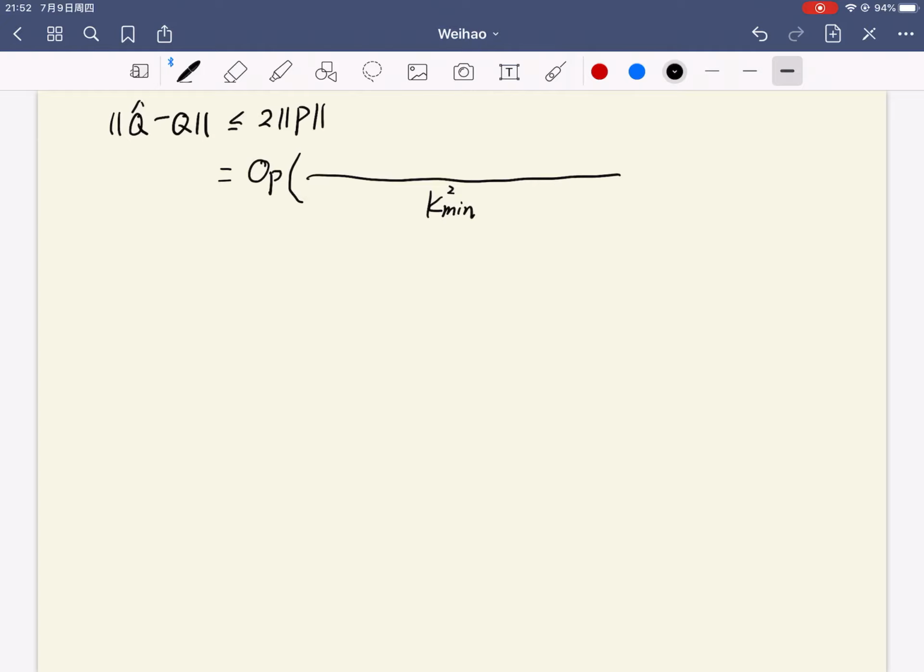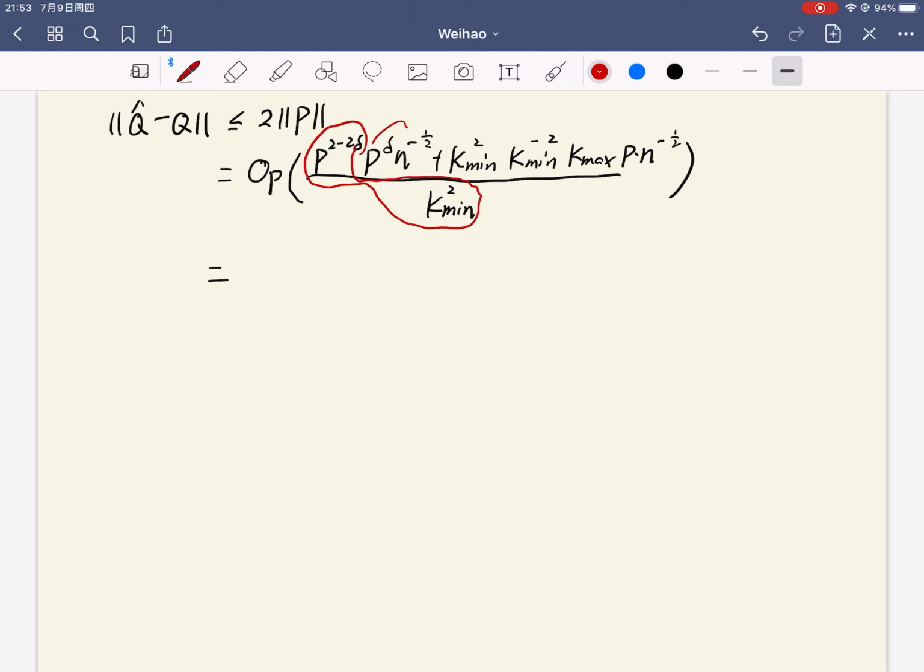And the numerator, since this is little o, this is little o, still the second term dominates the first term.